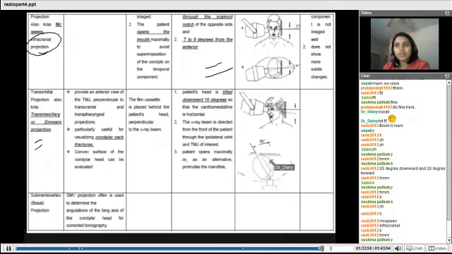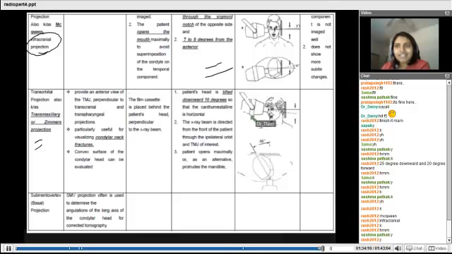Basically what we are trying to do is make the condyle and the ramus kind of perpendicular to the beam. We are imaging from the front backwards. It's an anteroposterior kind of imaging of the TMJ.